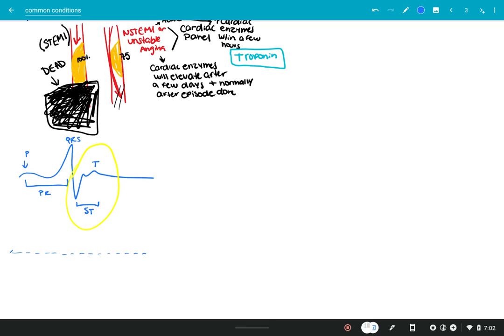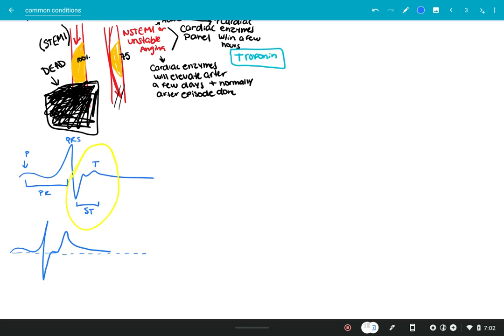Let's try again. Like that, okay? So that ST segment is going to be elevated way above the isometric line, right? So that's how you can tell if it's a STEMI.